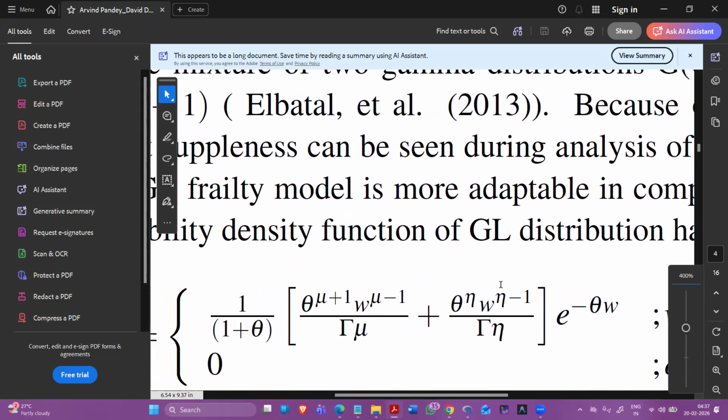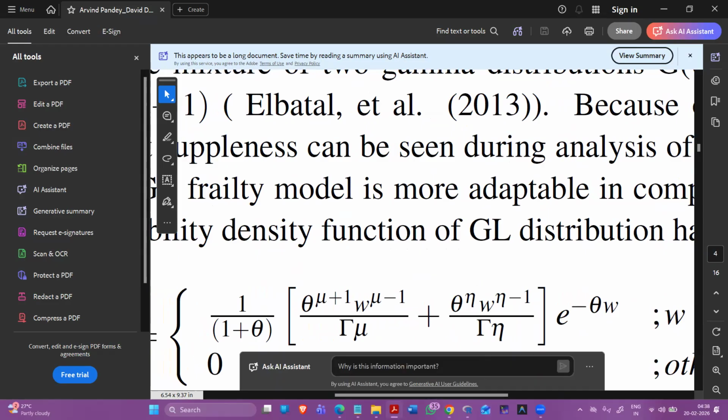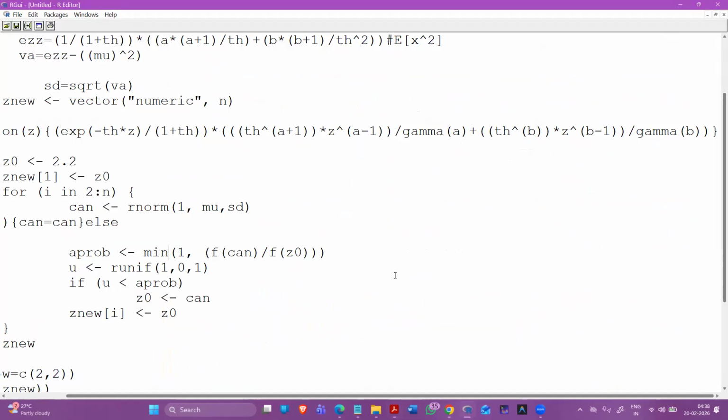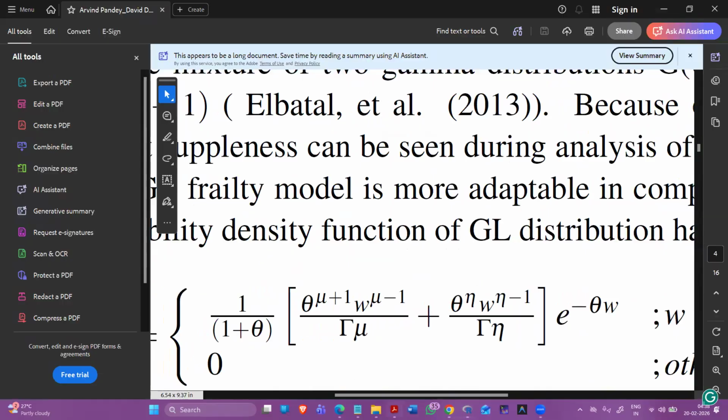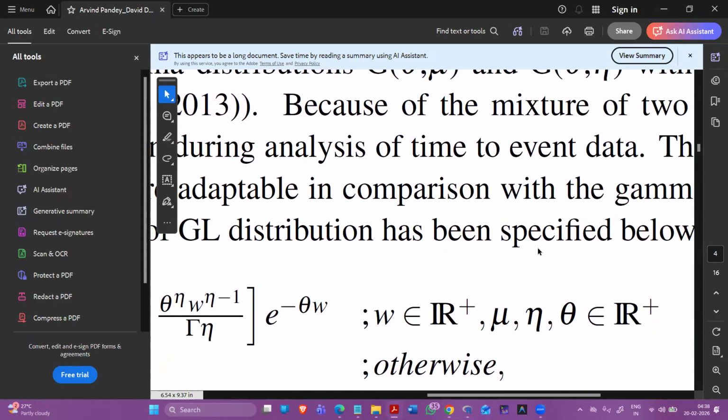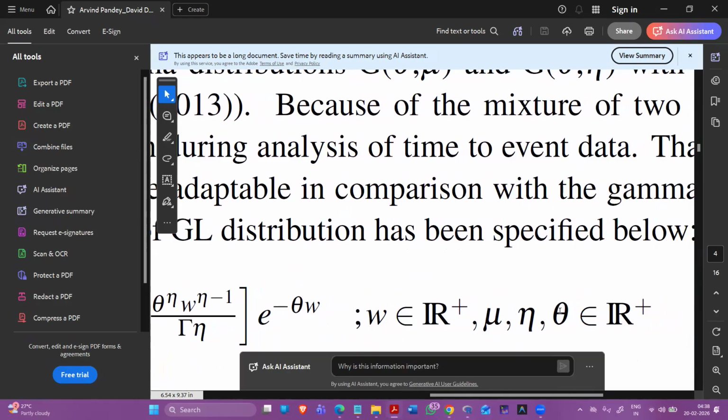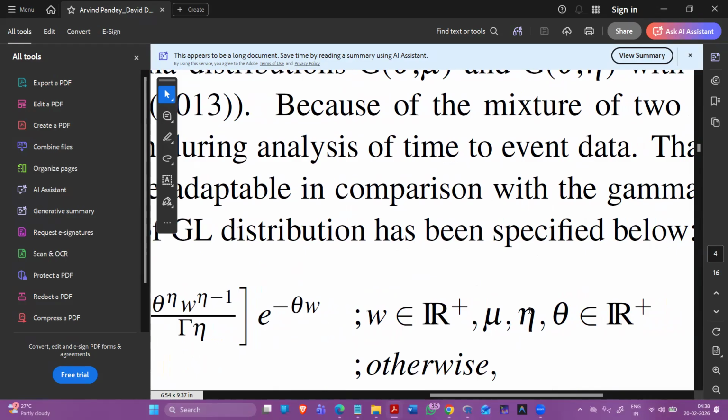So can you generate a random number from this density directly? It is very difficult, right? So what I'm going to do here: my z, the random variable, what is the range of my z and my parameters? That is between 0 to infinity, right?